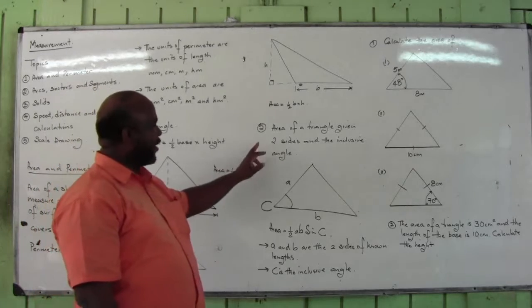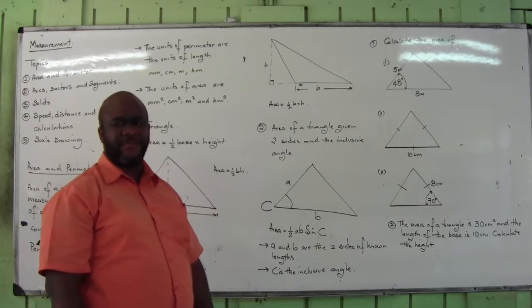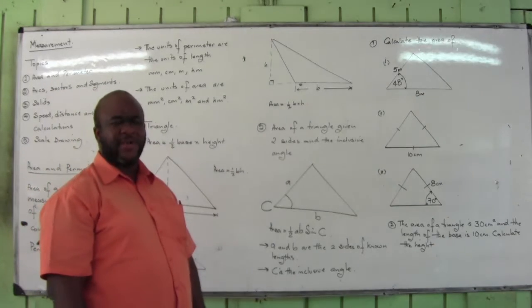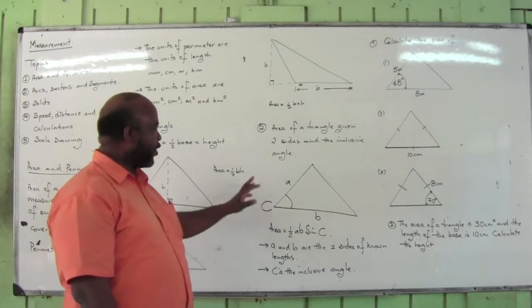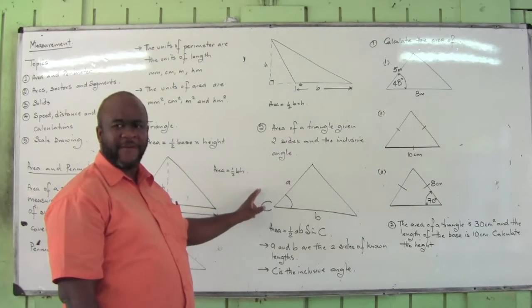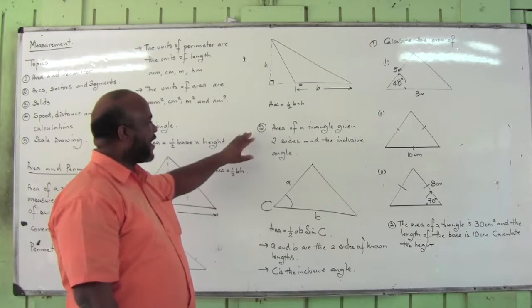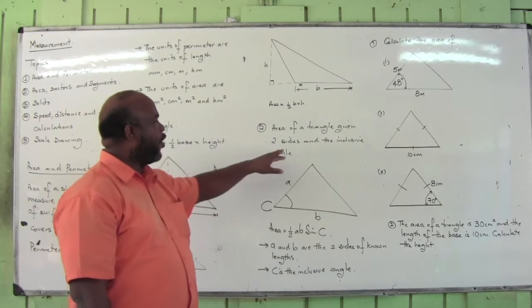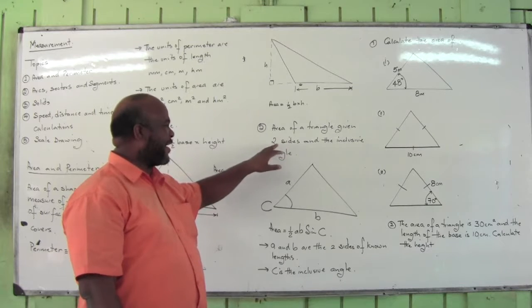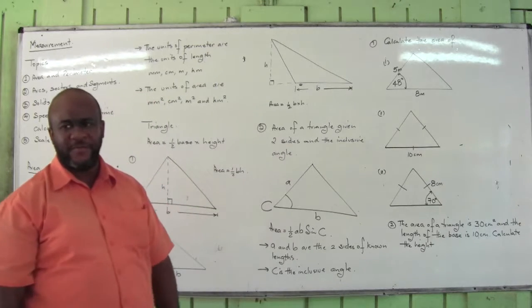The second formula for the area of a triangle, there's at least three. There's the next one. I think it's called Heron's formula. We're not going to do it now, but there's a third formula for calculating the area of a triangle. This is for calculating the area when you're given the length of two sides and the inclusive angle.